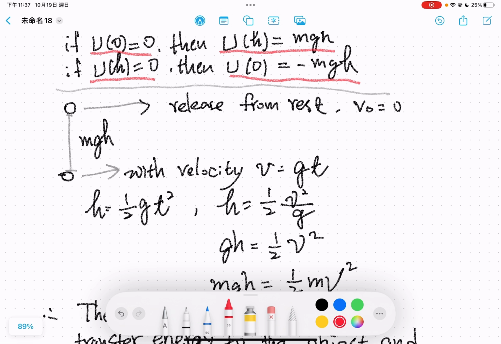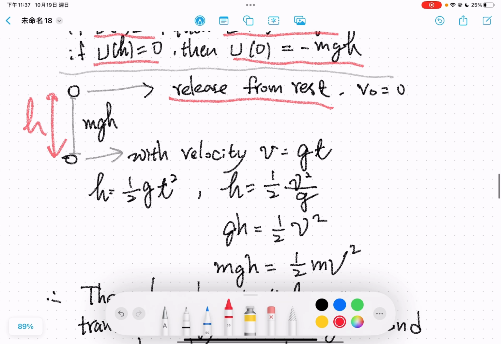Then we try to extend to an object released from a certain height. Let's release it from rest at the high edge. After we release it, the height is half of g times t squared.